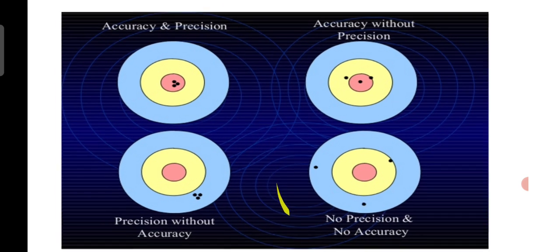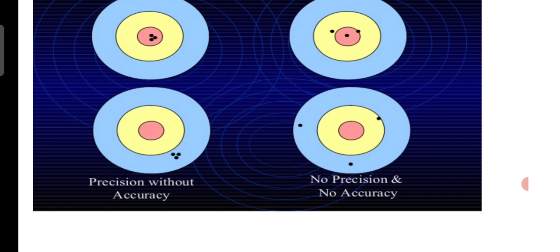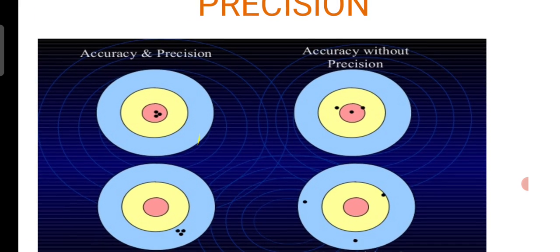So you can see it from our figure. See, this has good accuracy and precision because the values are very close to each other. And here is precision but without accuracy. See, it's not accurate but it is very precise. Then accuracy without precision.